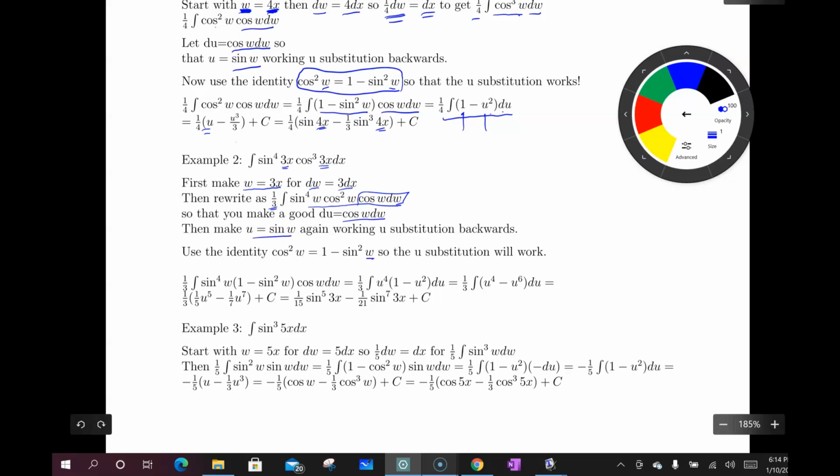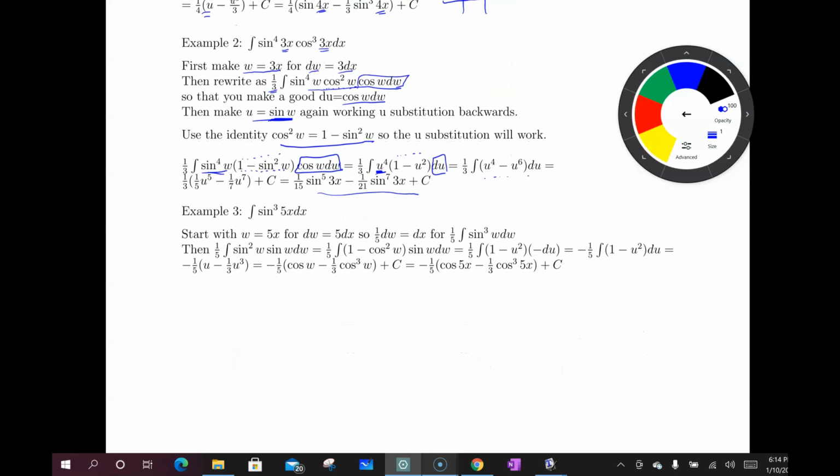Then use your identity and rewrite everything so that my sine of w will work. Cosine squared just needs to get replaced with 1 minus sine squared. And the cosine of w is ready to go with the du. There's my du, there's my sine, and then 1 minus u squared. Make sure you multiply this out first, integrate it, and then put everything back in.